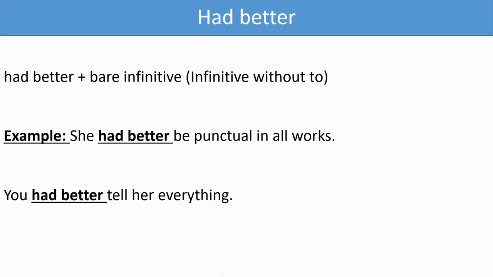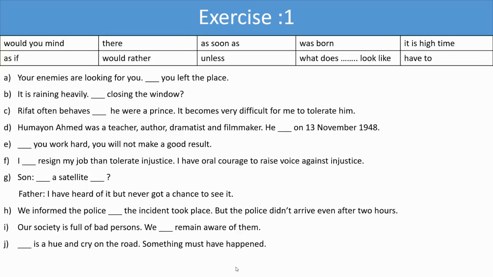Infinitive ব্যবহার করার প্রয়োজন হয় না, শুধুমাত্র মেইন ভার্বটি যদি থাকে তাহলে সেটিকে আমরা বলি bare infinitive. Had better plus bare infinitive. Example: she had better be punctual in all works. You had better tell her everything.